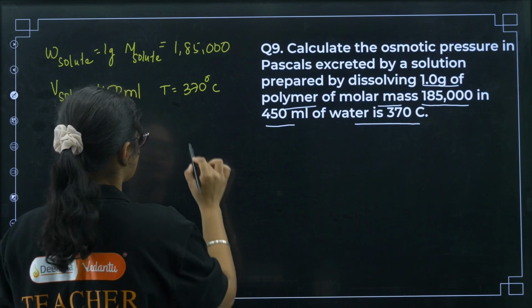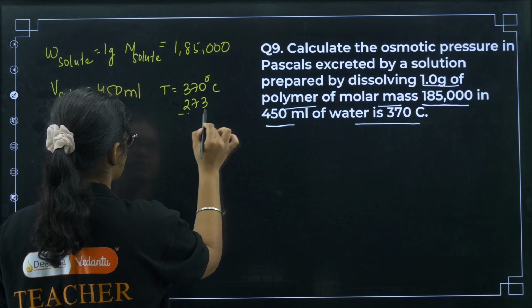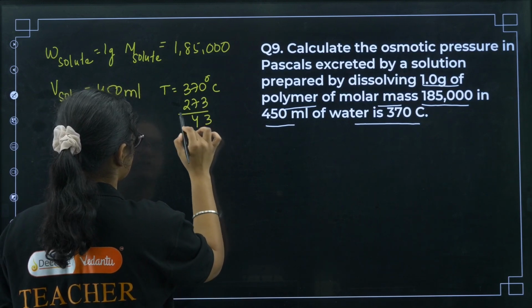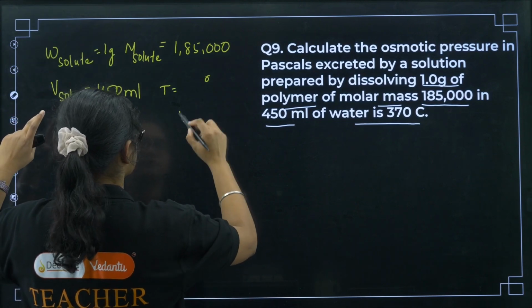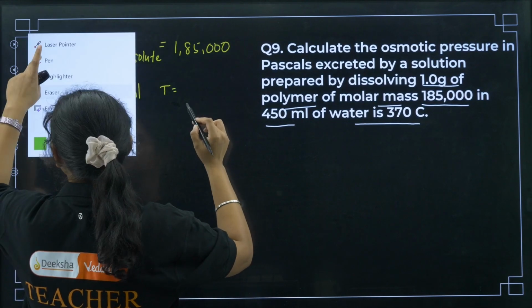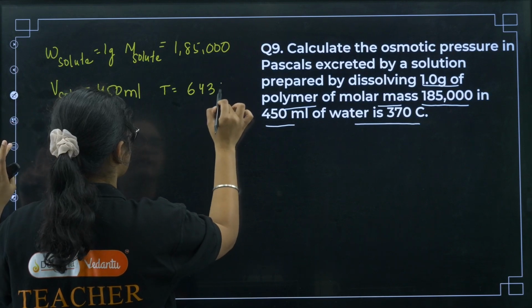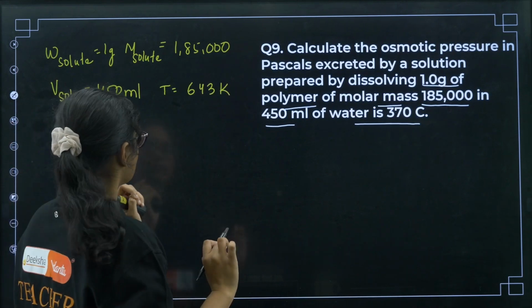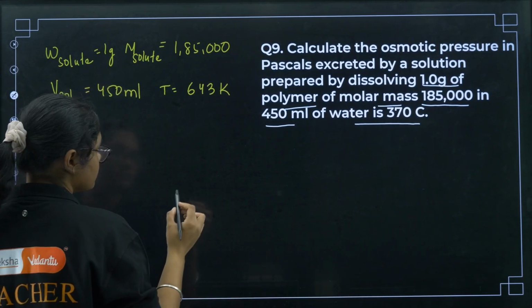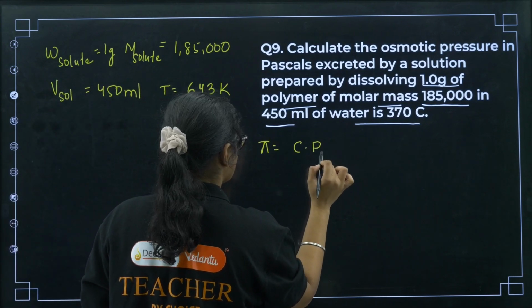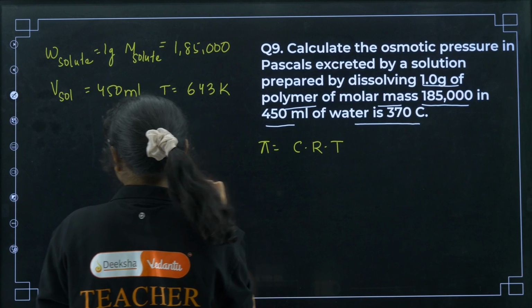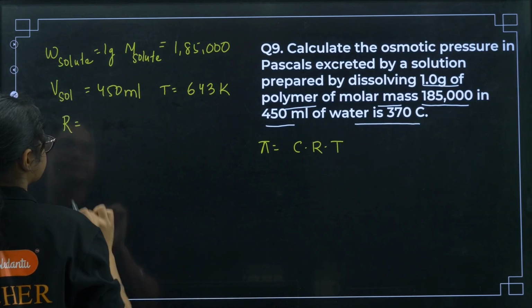Now you can convert it into Kelvin. So we will get 643 Kelvin, okay. Once this is done, we can put the formula here. Pi is equal to C into R into T. And what is the R value in such cases?